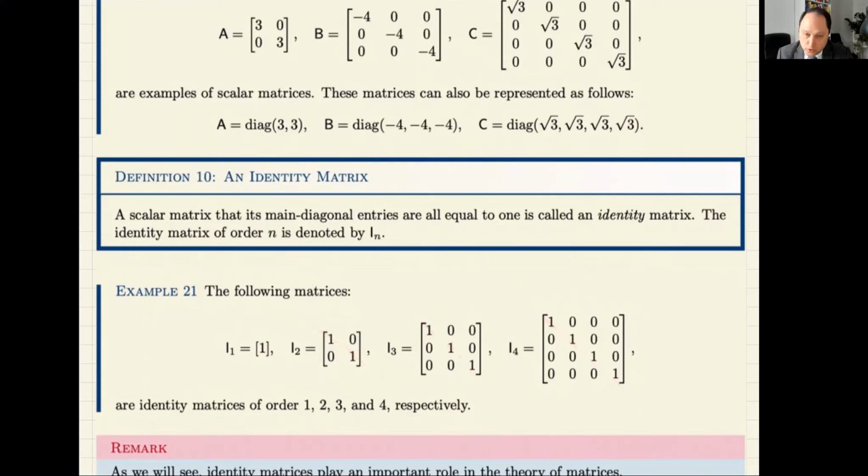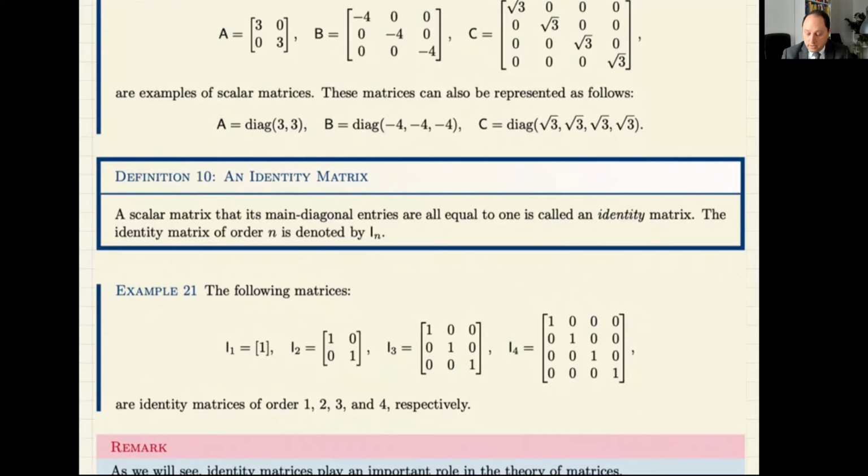This is a very important matrix in the theory of matrices. The reason it is called an identity matrix is that it plays a role similar to the number 1. If you have a number and multiply it by 1, it gives you the same number back.